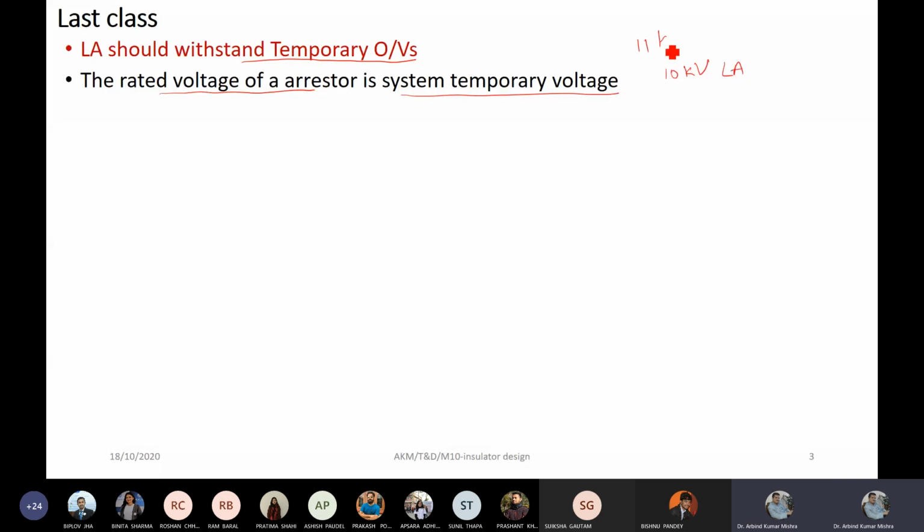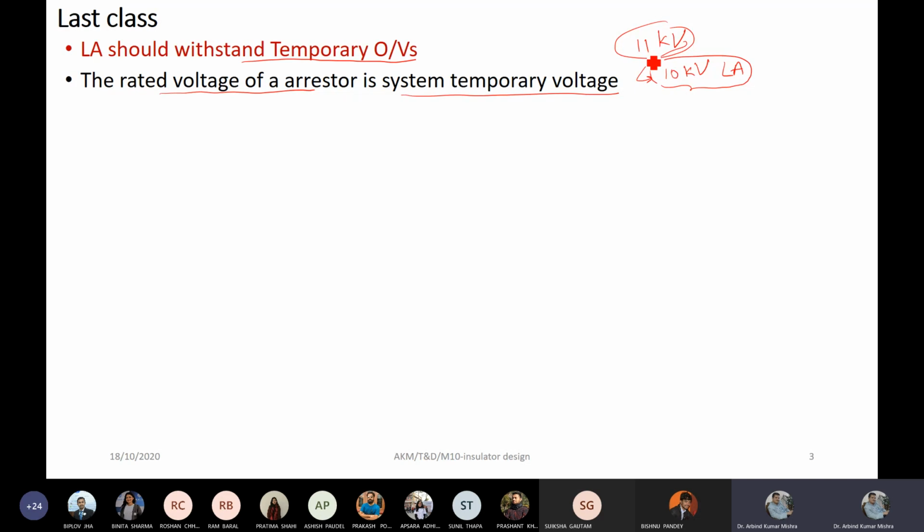One of my previous students asked me through Messenger: sir, this is an 11 kV rating, so why do we use only a 10 kilovolt lightning arrestor? Isn't it too less? No, it's not less. I mentioned in the last class also that whenever we talk about insulation, we should always think about the phase voltage.